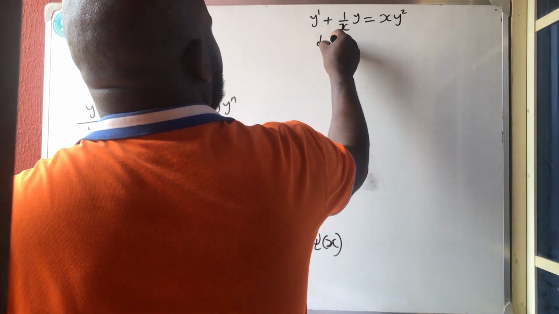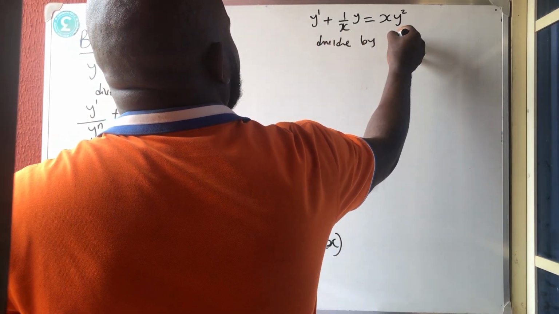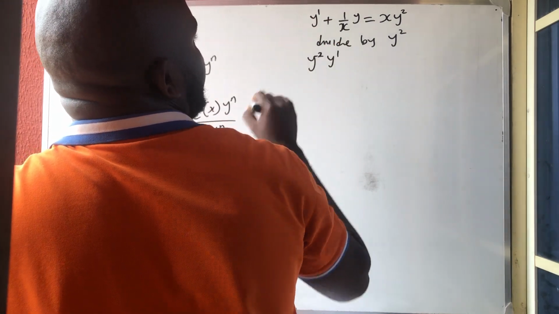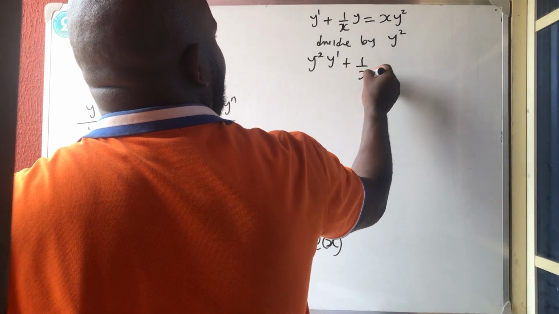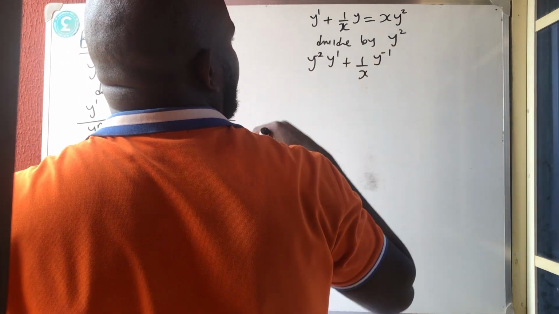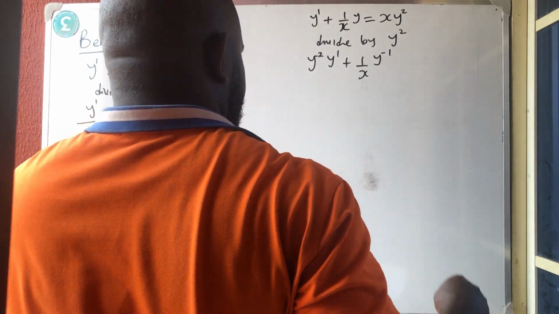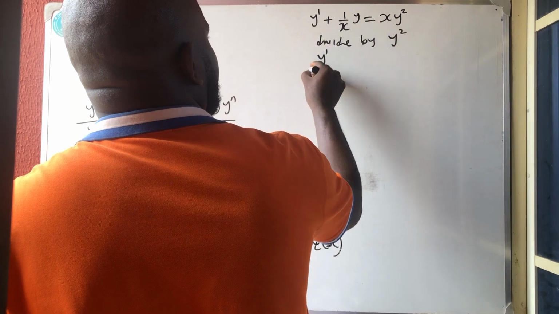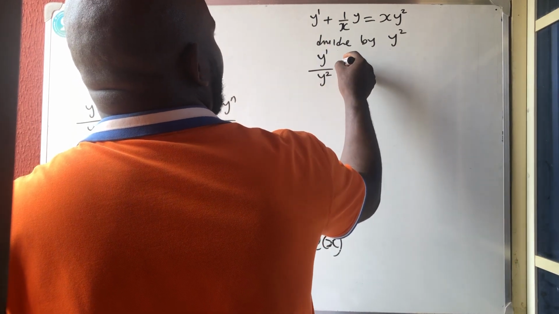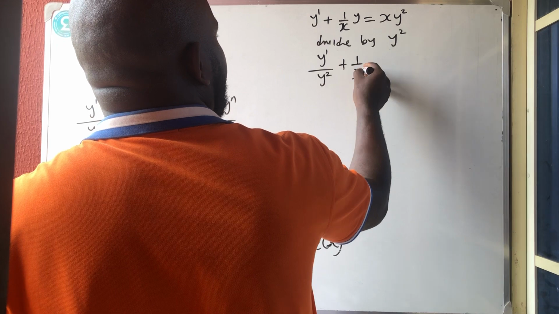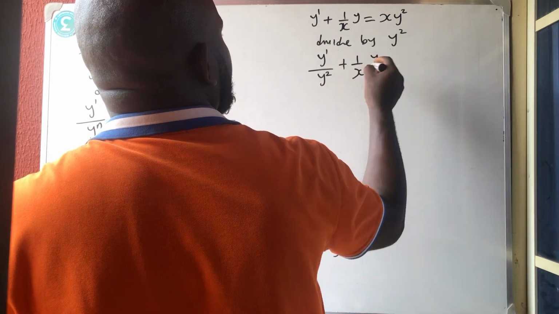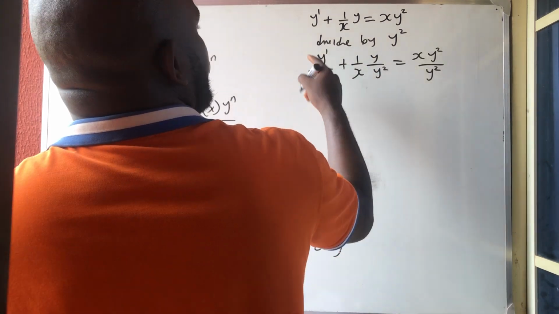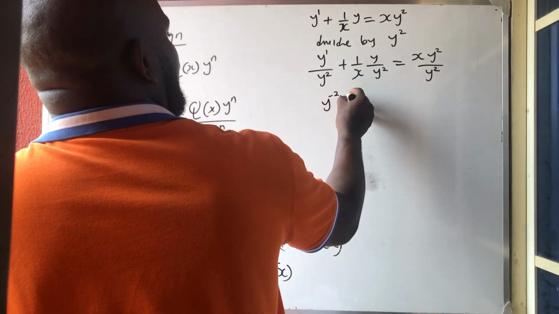So this is y prime divided by y squared plus 1 over x y divided by y squared is equal to x y squared divided by y squared. So these two will give me y raised to power minus 2 y prime.